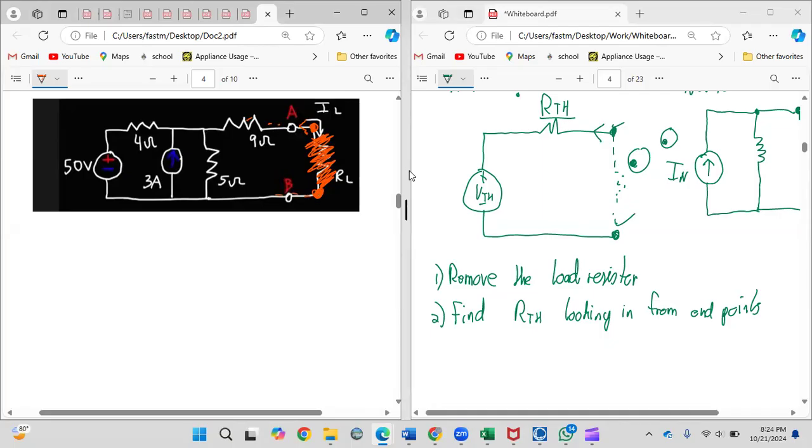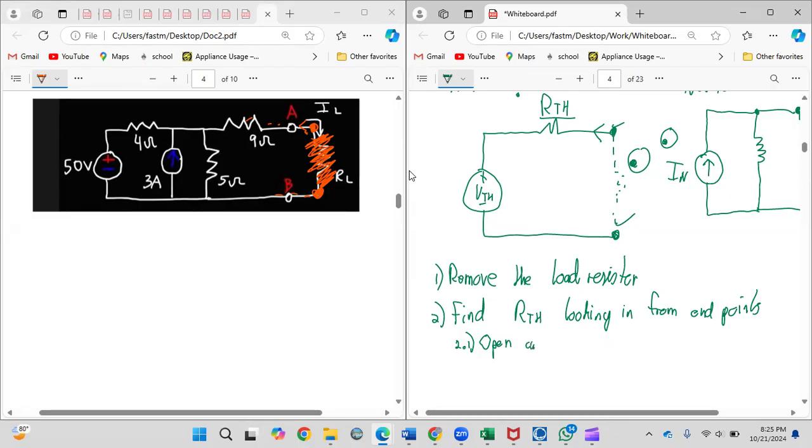The first thing you have to do is take off all your independent sources. Note I say independent. For dependent sources, you have to use a totally different method. This is only for the circle, not the diamond.